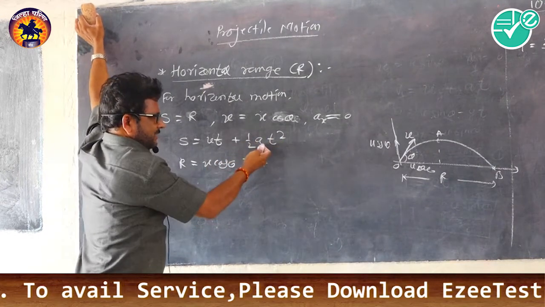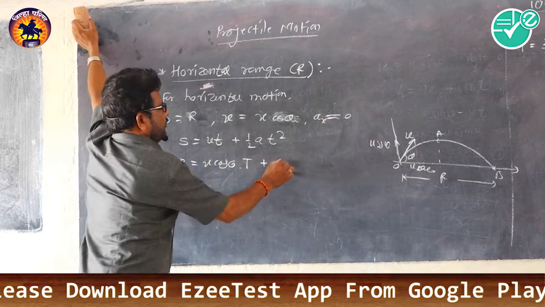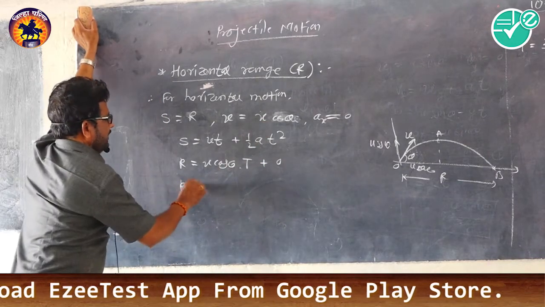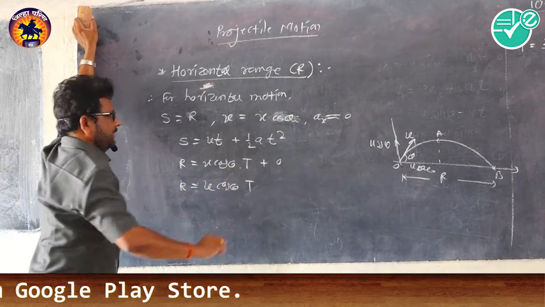But in the horizontal direction the acceleration due to gravity is always 0, so this term is equal to 0. So we get R is equal to u cos theta into t only.